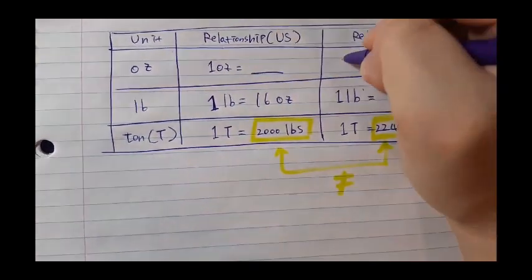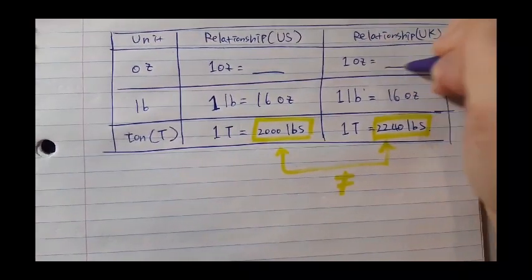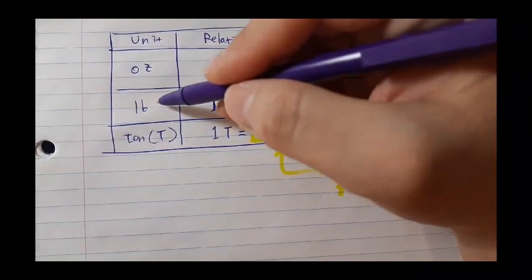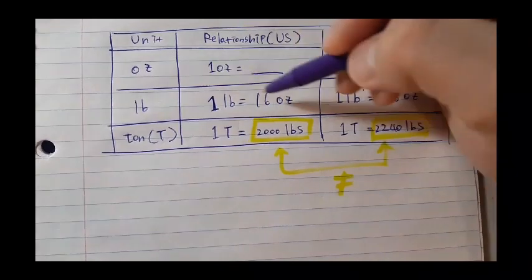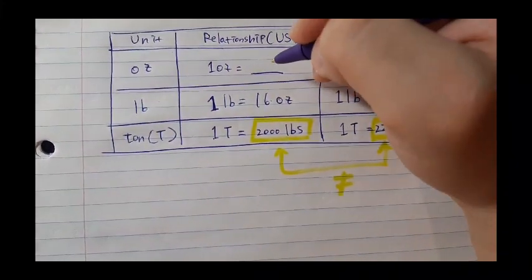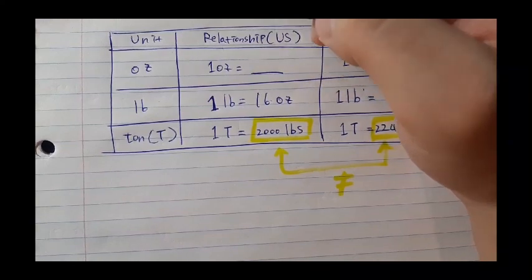Now, we have a situation. The question asks what if it's 1 ounce and then what's my pound? So going vice versa. 1 pound to an ounce is given to you, but what about the other way around? Well, we need to basically use a simple fraction in this case.